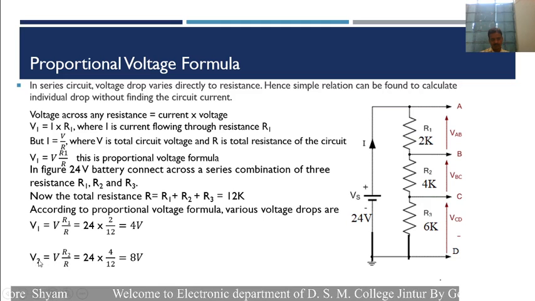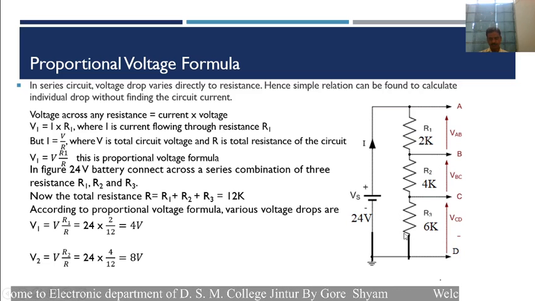The total voltage V is 24 volt, the value of R2 is 4 kilo ohm, and R is the total resistance, 12. Therefore, the voltage across this resistance is equal to 8 volt.